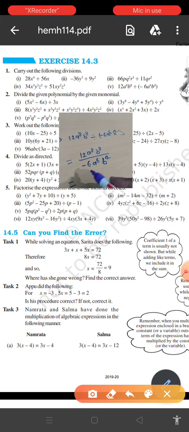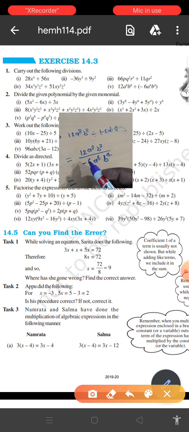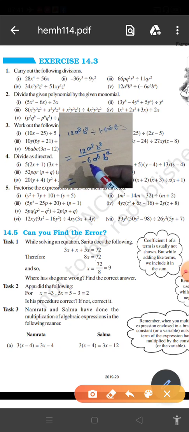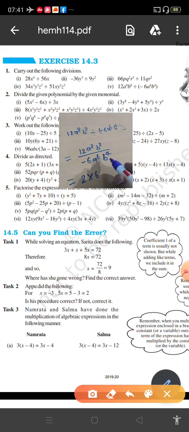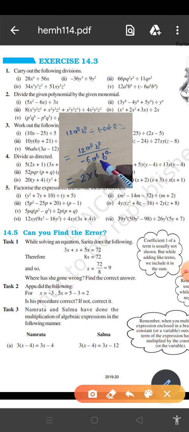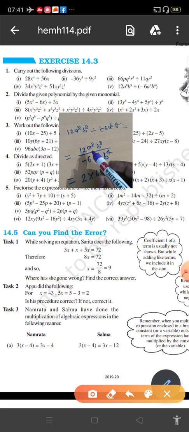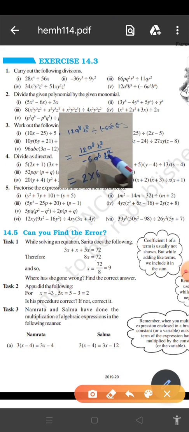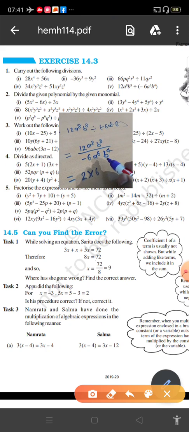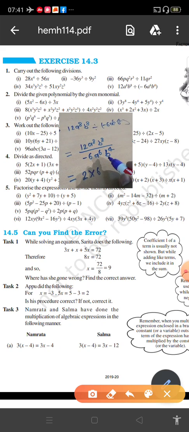So here this is 6, so we break 12 as 2 into 6, so 6 will cancel. So you can write here 2 into 6. Here you can see a power 8 and here a power 6. So we break a power 8 as a power 2 into a power 6. In this way we obtain the common factor easily.